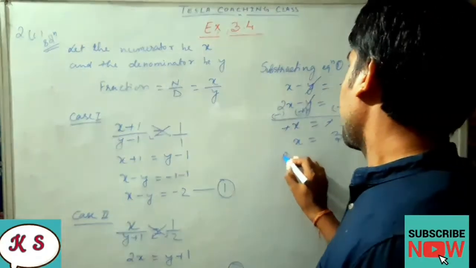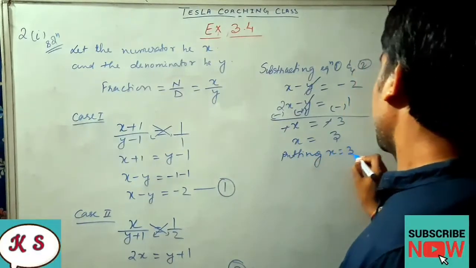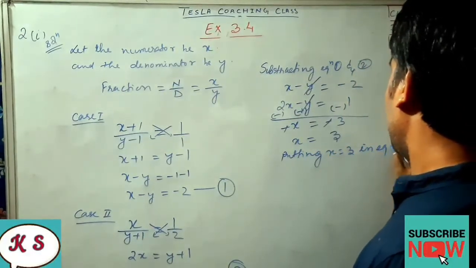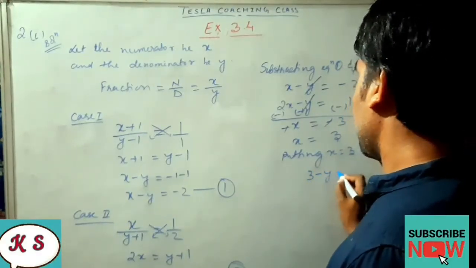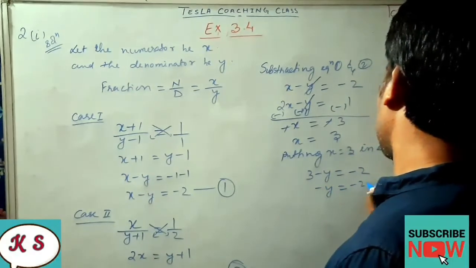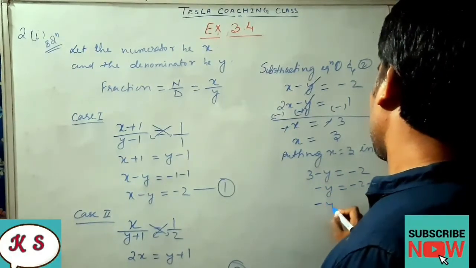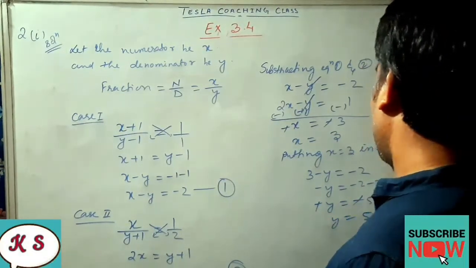So let's write, putting x equal to 3 in equation number 1. If you put x equal to 3, then 3 minus y equal to minus 2, then minus y equal to minus 2 minus 3. So it will be minus 5. The minus signs cancel, so y equal to 5.